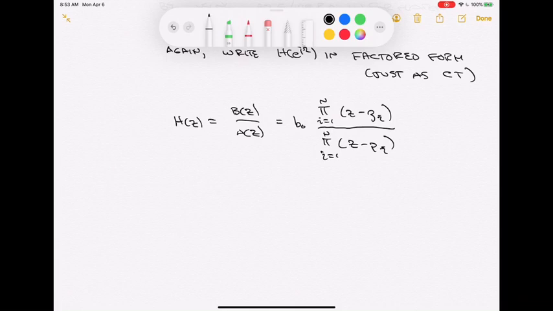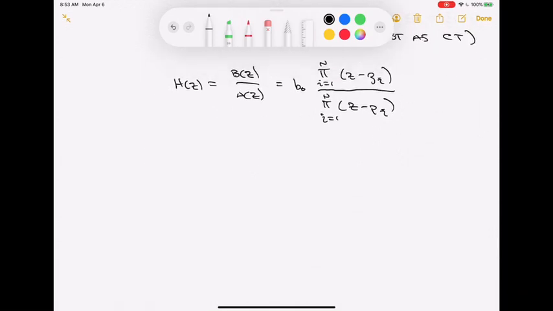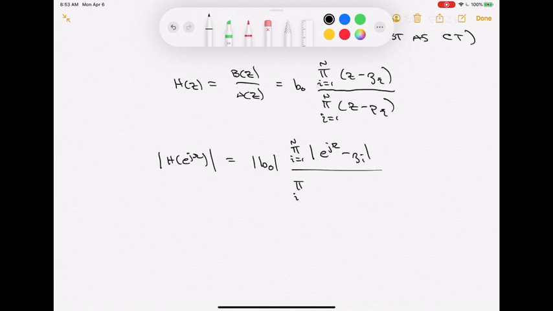We know frequency response says let z equal e to the jω, and magnitude response says take the magnitude of all of that. So if I wanted to look at the magnitude of H(e^jω) and base it on this, I would get magnitude b0, right? And then I'd take a magnitude of a product, that's just the product of magnitudes, so that's going to be a product, i equaling 1 to n, of the magnitude of e^jω minus z_i, over a product, i equaling 1 to n, of the magnitude of e^jω minus p_i.